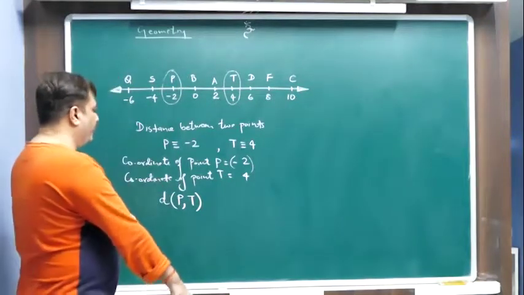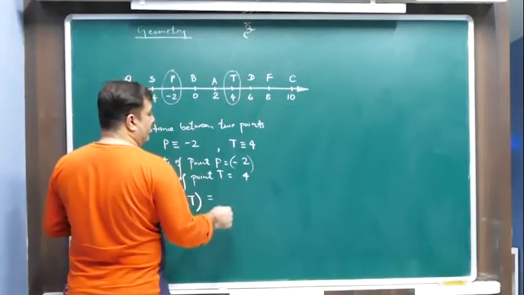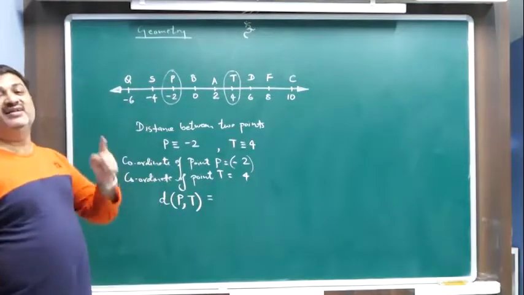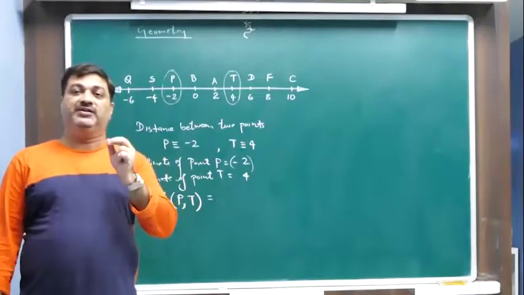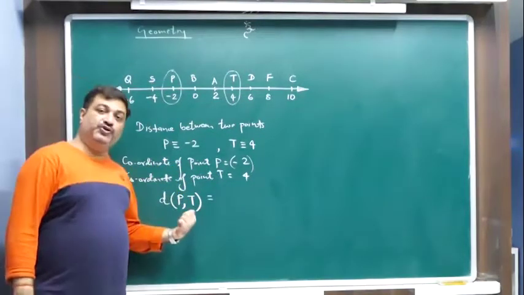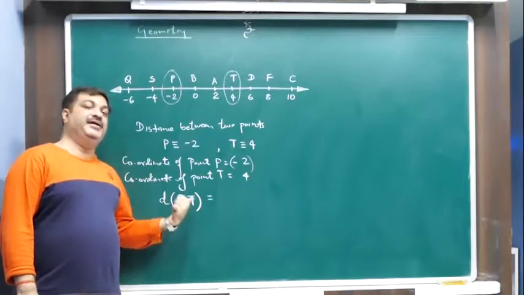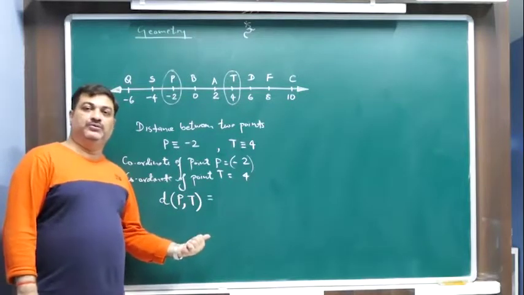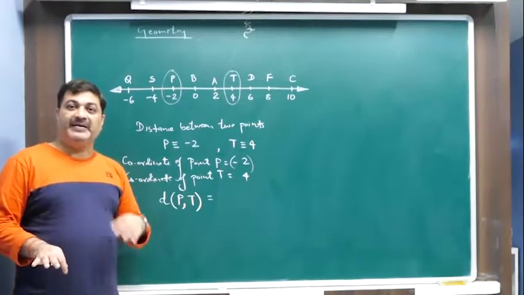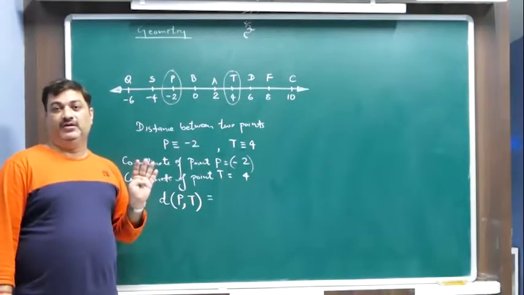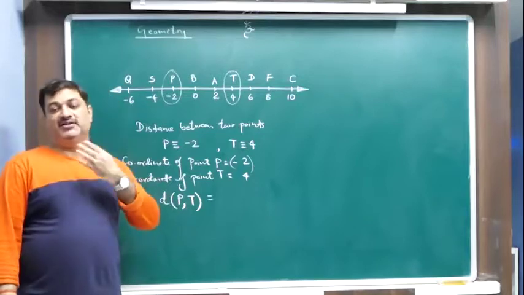So distance between point P and T is equal to greater coordinate minus smaller coordinate. That is the formula. Please pay attention. The distance between point P and T is equal to the coordinates subtracted, greater minus smaller. Okay? Greater coordinate minus smaller coordinate.